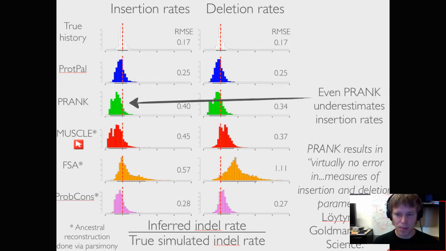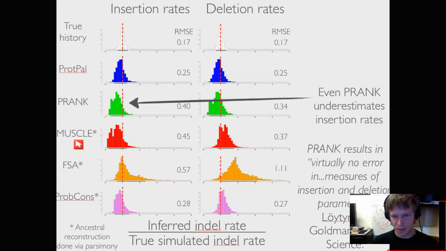And then finally, this program Prank was the first program to really make known that using the phylogeny in constructing your alignment can have substantial effects on the type and the quality of the alignment that you get.